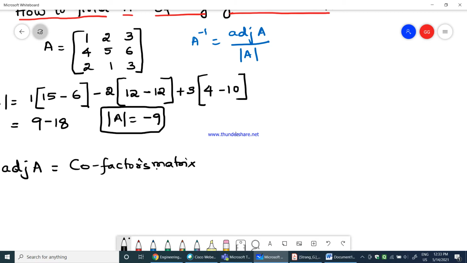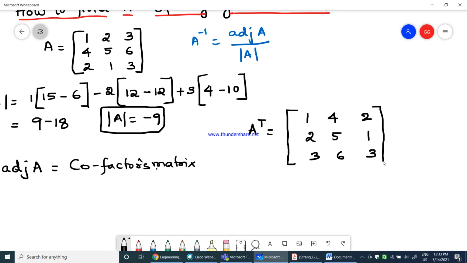First of all, we take the transpose of the matrix A. The first thing to find the adjoint of A is to take the transpose of the given matrix A, which is equal to 1 4 2, 2 5 1, 3 6 3. This is the transpose of the given matrix A.